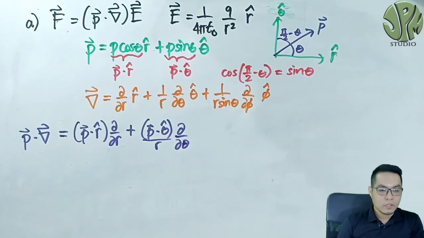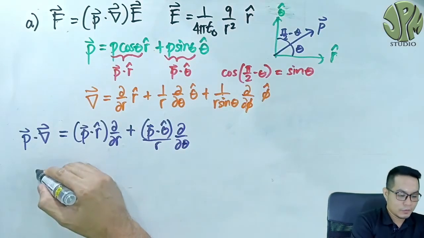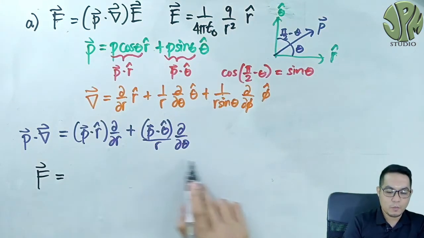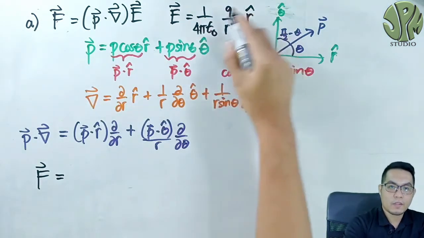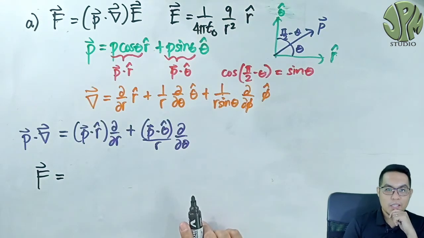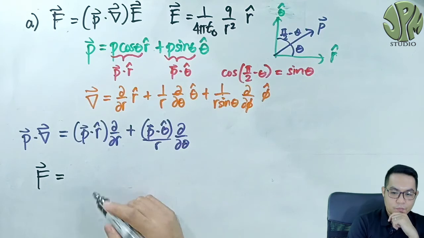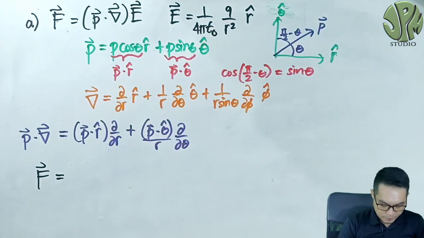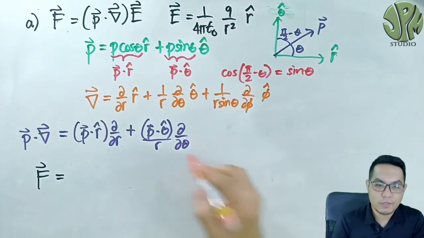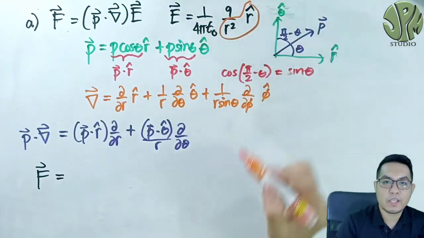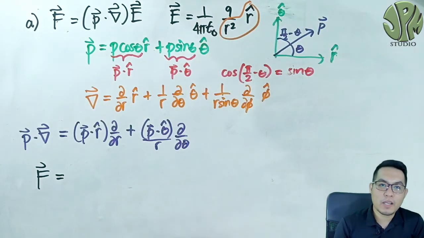Okay, so going back, the force now is just this operator acting on this vector E here. The only terms this operator will act on are these two terms, 1 over r squared and r hat, or r hat over r squared.